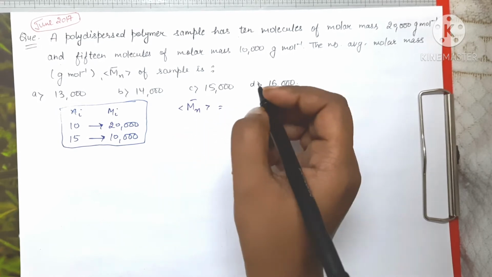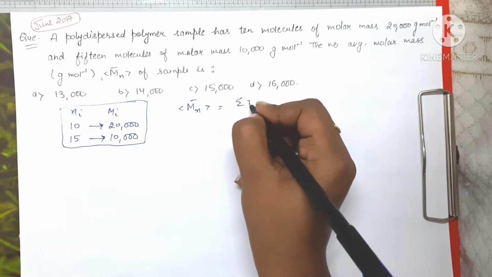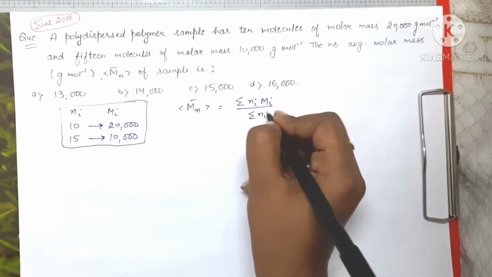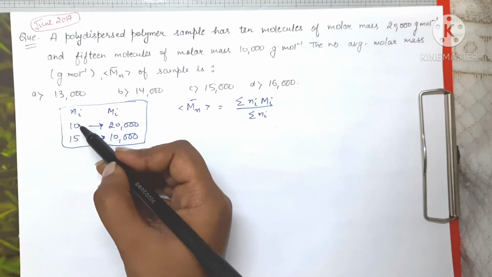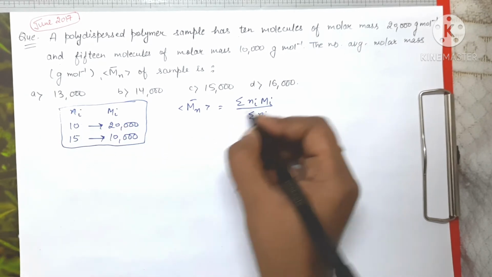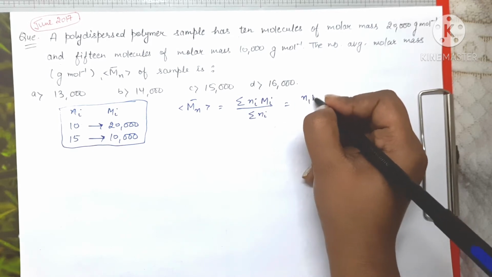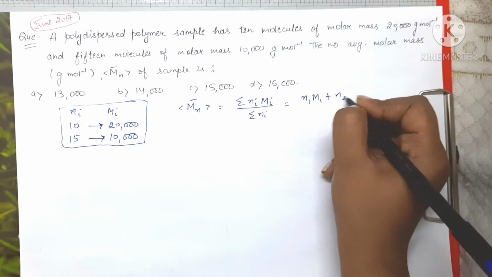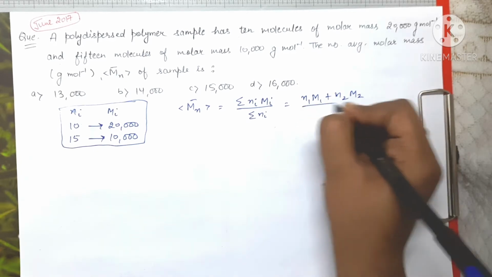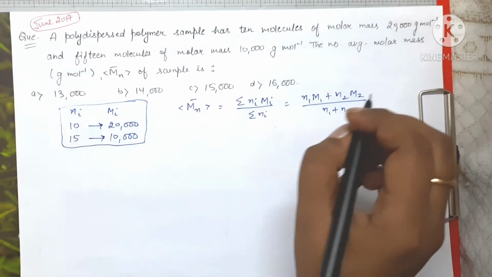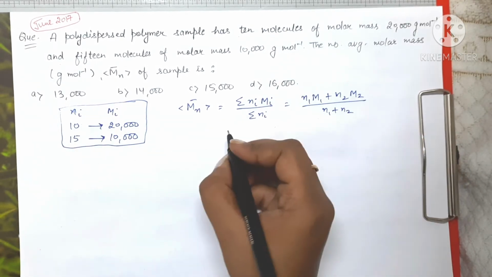So we know the formula of Mn, which is sigma Ni Mi upon sigma Ni. Here there are two types of molecules, so the formula reduces to N1 M1 plus N2 M2 upon N1 plus N2. Now we just have to put the values.